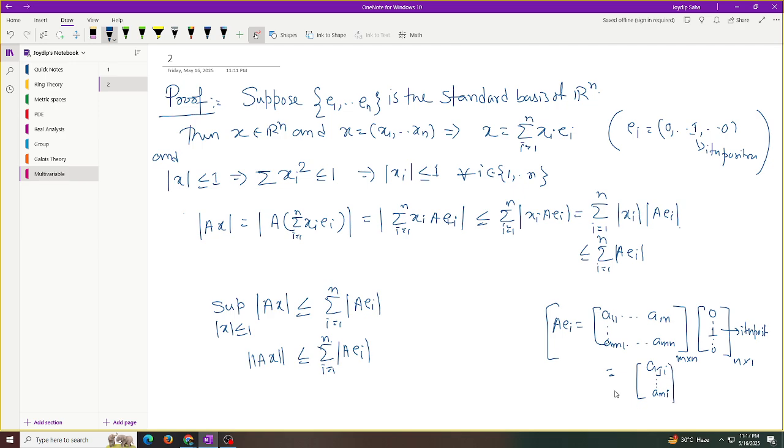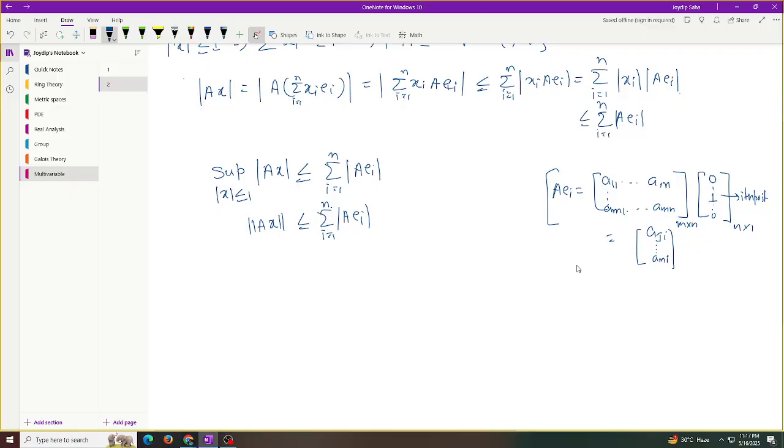So modulus A ei is nothing but the square root of summation a ji square, j equals 1 to m.